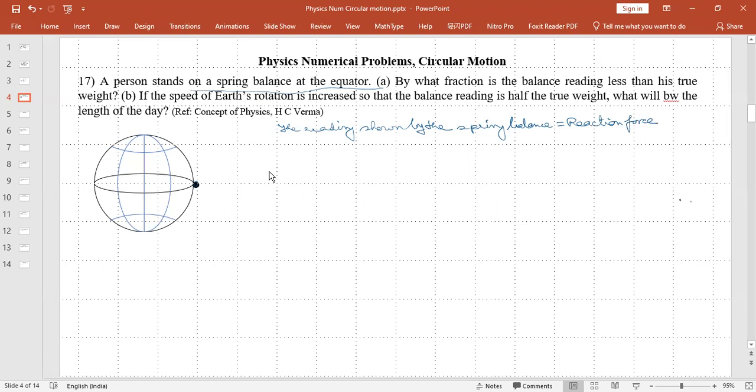Normal reaction force means the force opposite to mg, or the gravitational force. By what fraction will the balance reading be less than its true weight?